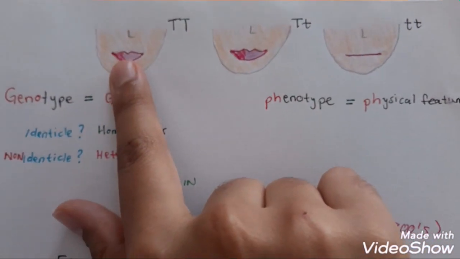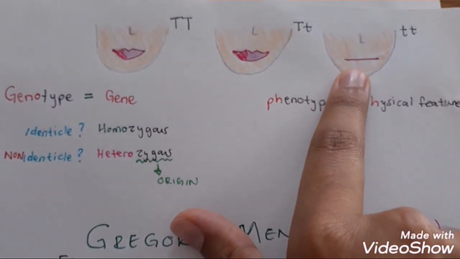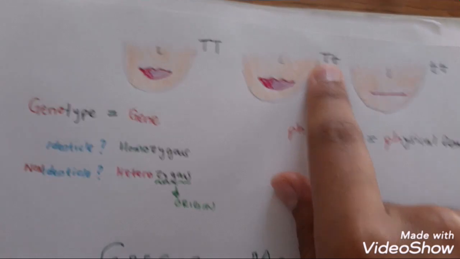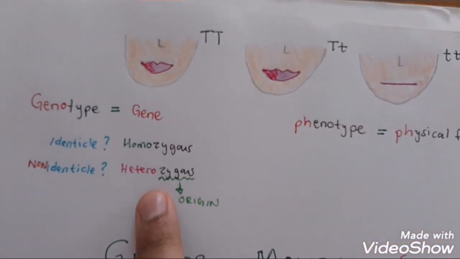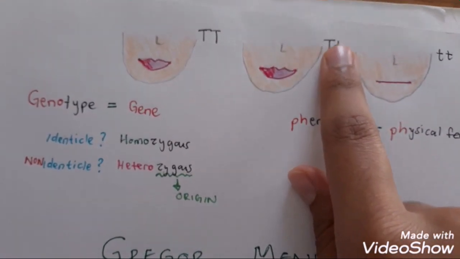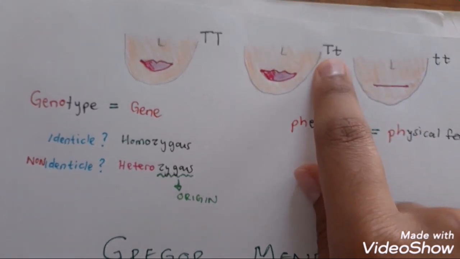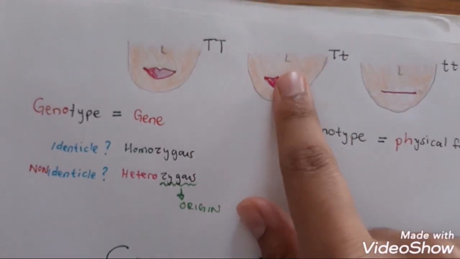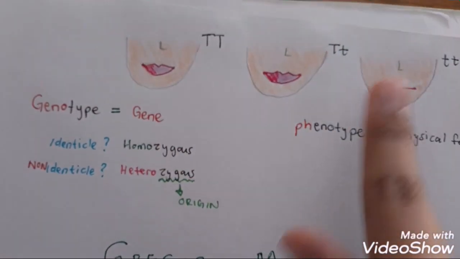Here we can see thick lips and thin lips. This one has a small t and a capital T. This is heterozygous. They are different. So genotype is heterozygous. However, it has thick lips as we can see in its phenotype.